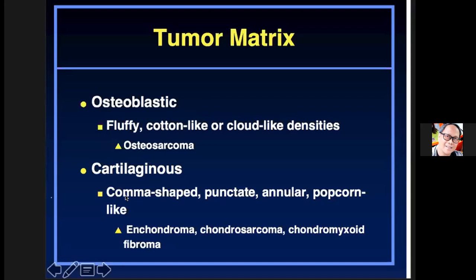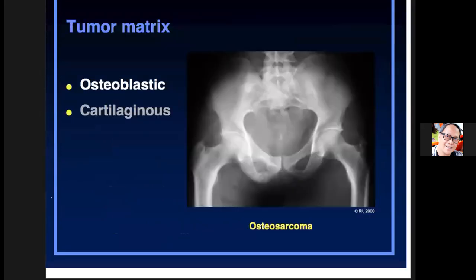These are rounded or comma-shaped. These can be seen in enchondroma, chondrosarcoma, chondromyxoid fibroma. Chondrosarcoma is a malignant lesion, but with cartilaginous tumor matrix, meaning the center of the lesion shows cartilaginous deposits.